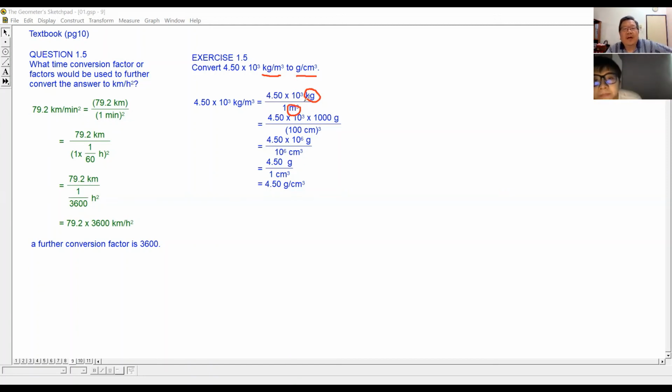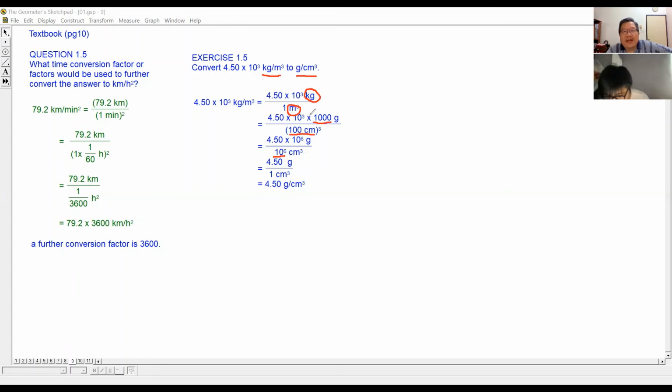Now, for kilogram, you want to change to gram, you multiply with 1,000. Now, this 1 cubic meter, you want to change to cubic centimeter. You have to cube both the 100 and also the centimeter. So when you cube this 100, it becomes 10 to the power of 6.